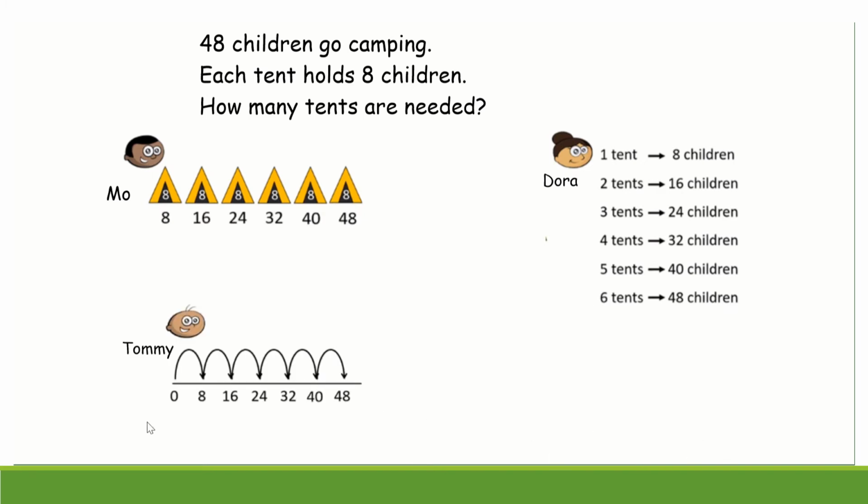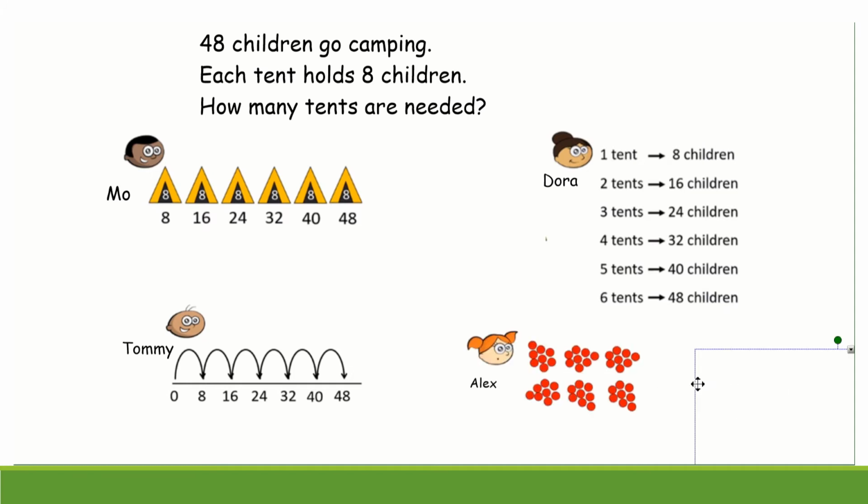So Tommy has used a number line to count on into groups of 8, and he can also see that you will need 6 tents to hold 48 children. And let's see Alex. Alex has 48 counters and has arranged them into groups of 8. And she also knows that there will be 8 children in each tent, and she will need 6 tents.